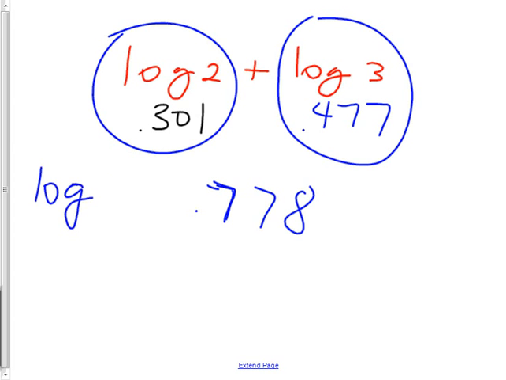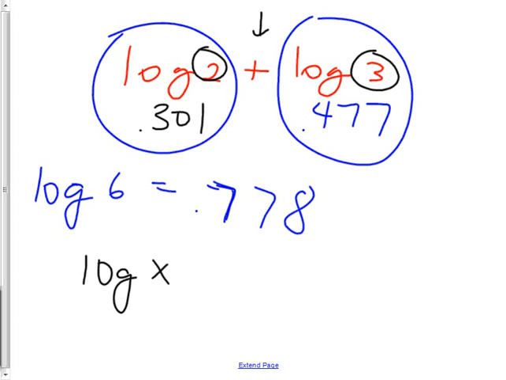What's the interesting takeaway? I hope this is interesting to you, that you could take this 2 and this 3, and if you're adding them like this, you do not add the 2 and the 3. You multiply the 2 and the 3. So here is the property that I need you to write down that you now hopefully will understand better.